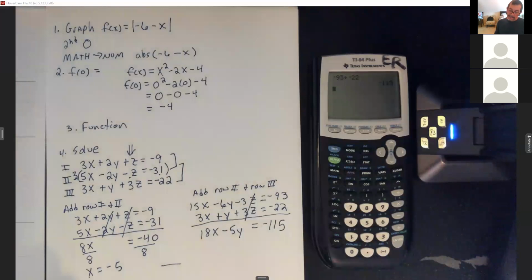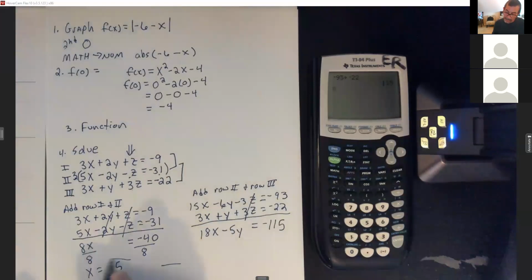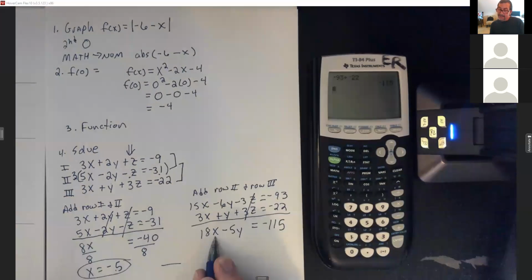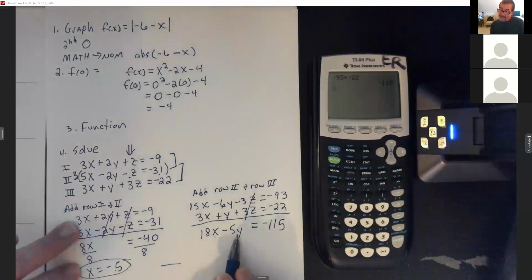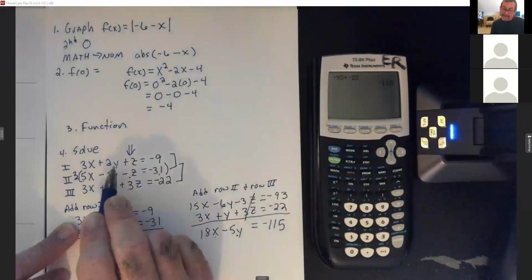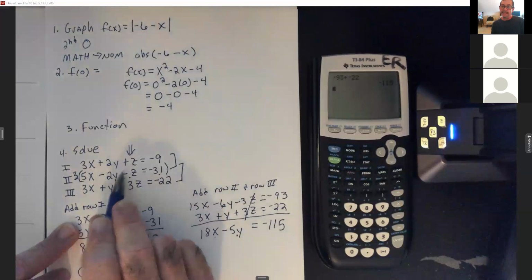All right, what's nice is what happened on these equations. Since I now know that the x is -5, I'm going to plug that -5 in for the x and solve it for that y. Because then, after I do that, I'll know what the y equals, and then I can take the x and the y and plug it back into one of these equations and get that z.